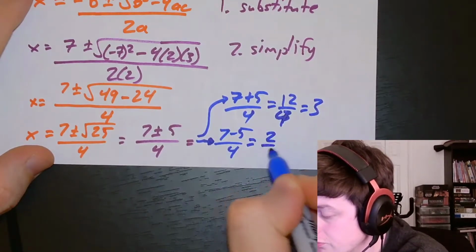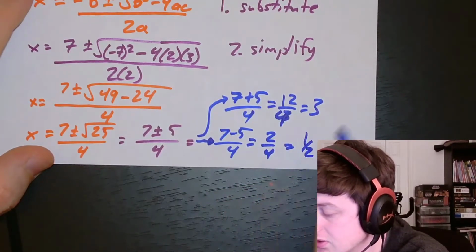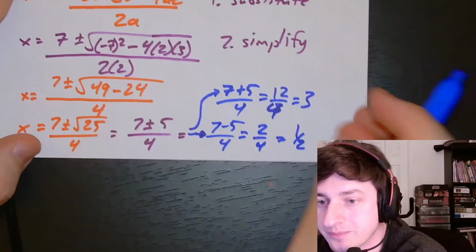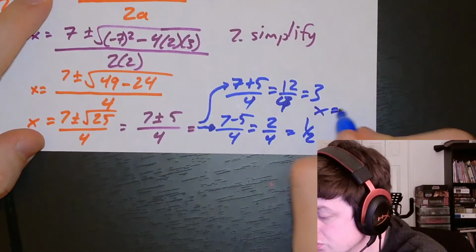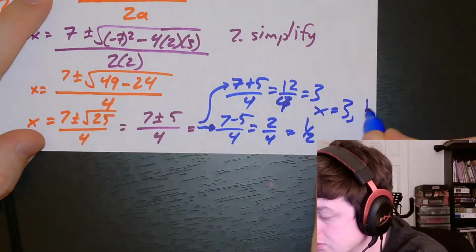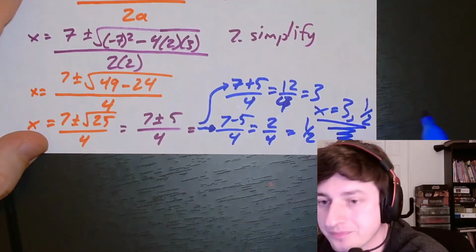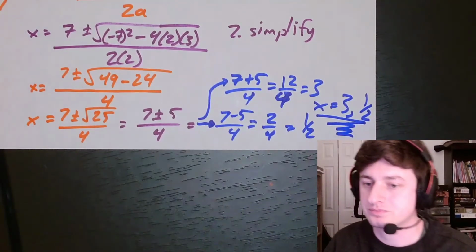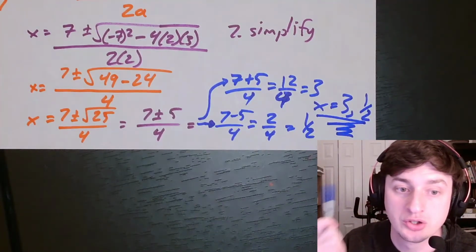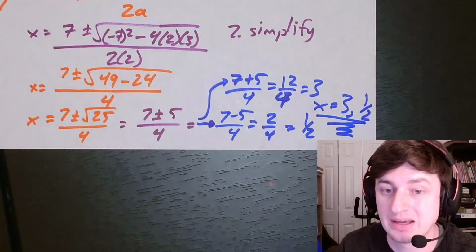And 2 over 4 is a half. And so my solutions are x equals 3 and a half. This is the answer. Now for this problem, you can for sure factor it, and that might be faster.